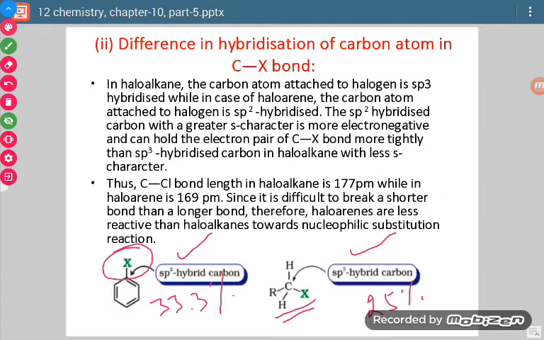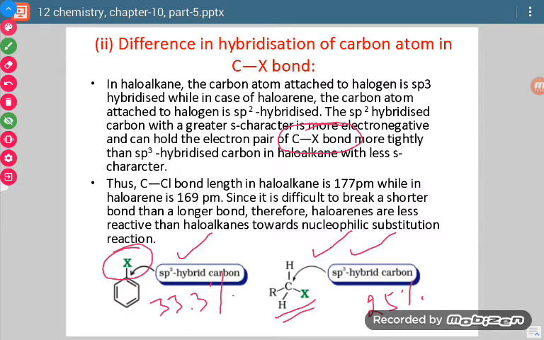Because of more s character in haloarenes, the carbon is more electronegative. So the shared pair of electrons between carbon and X bond is more tightly bound than in case of haloalkane.